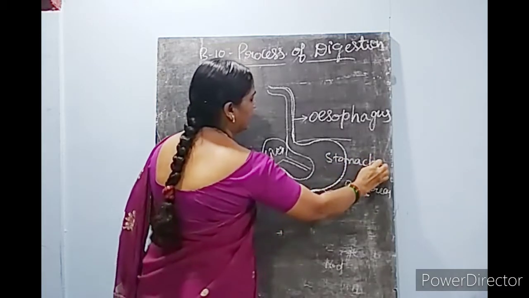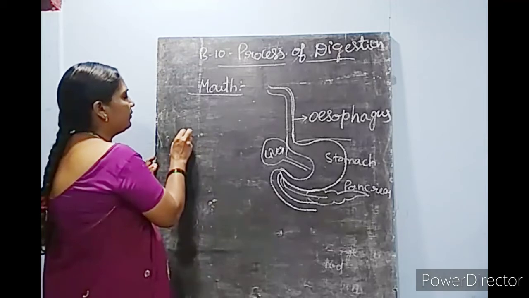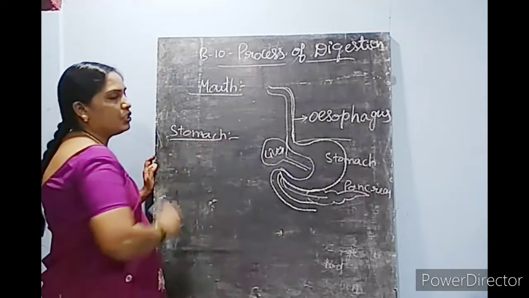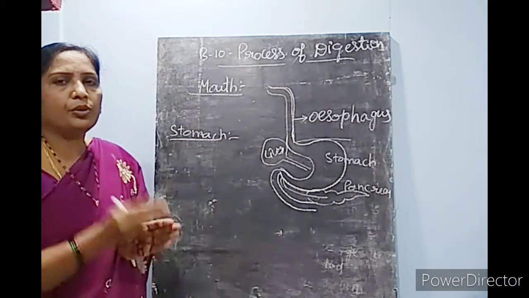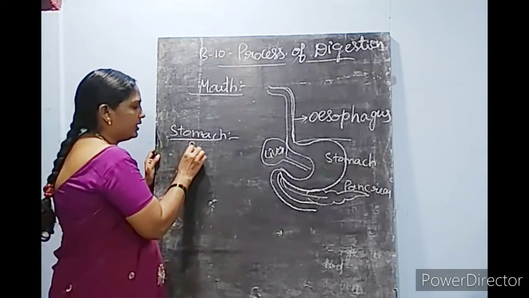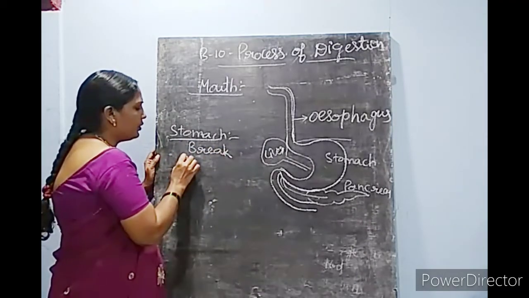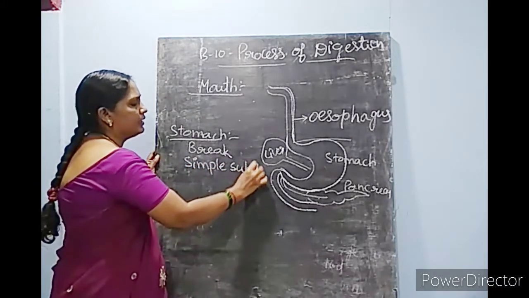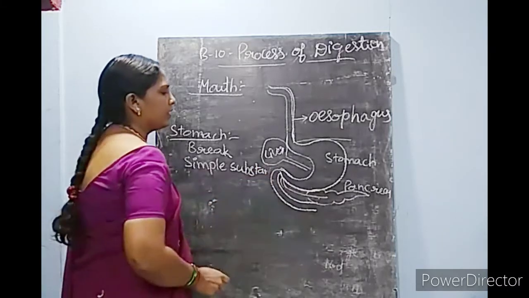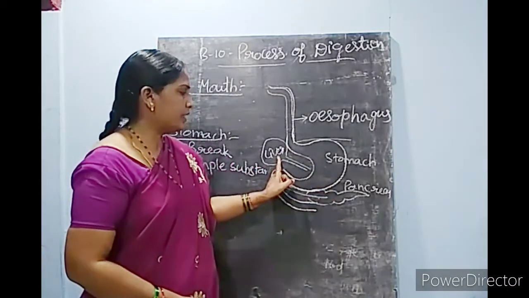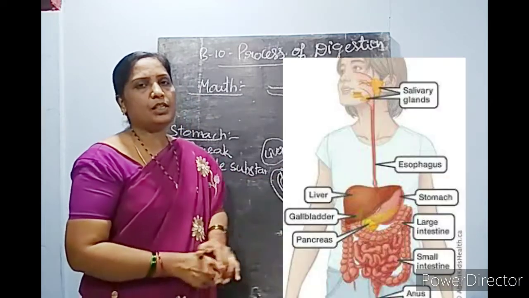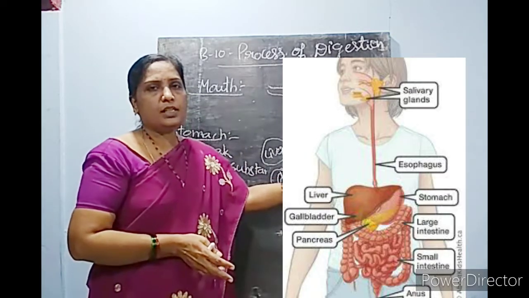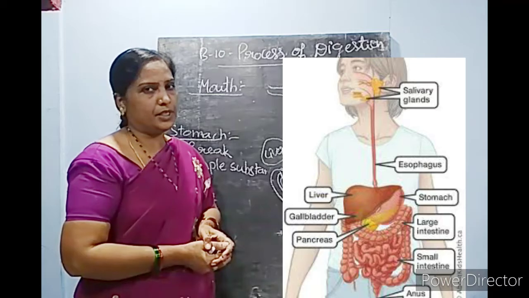So this is the stomach. What changes occur in the stomach? It breaks down the food into simple substances, because the liver and pancreas are sending juice into the stomach. With the help of that, the stomach juices break down the food into simple substances.